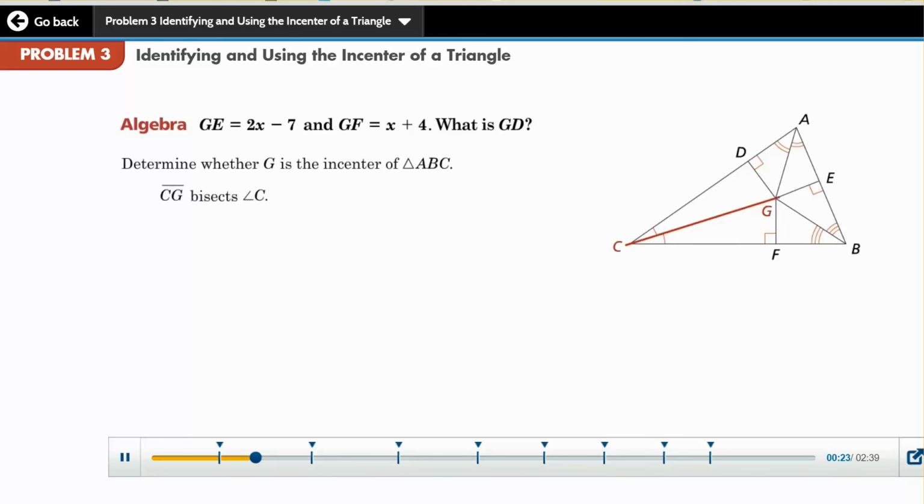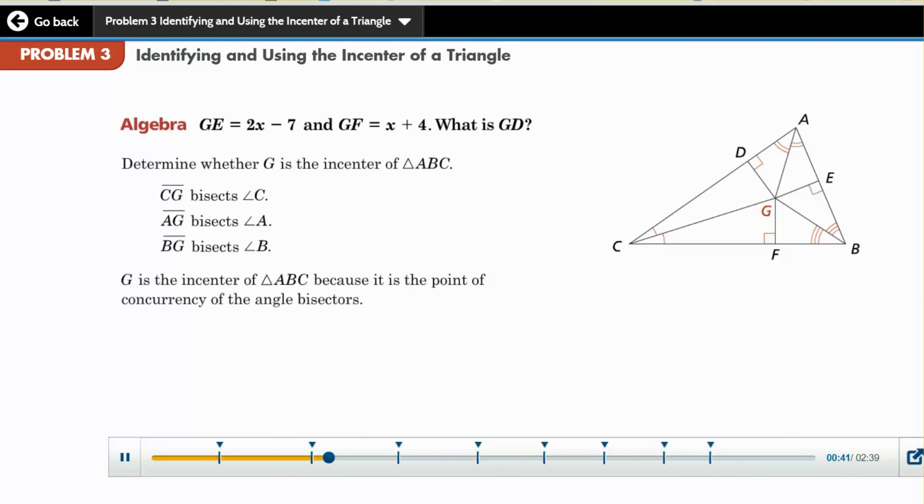Segment CG bisects angle C. Segment AG bisects angle A. Segment BG bisects angle B. Point G is the incenter of triangle ABC because it is the point of concurrency of the angle bisectors.